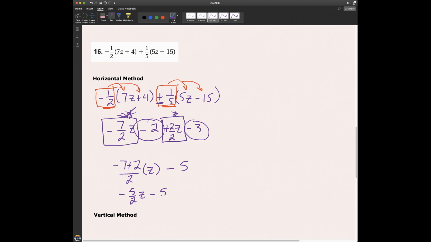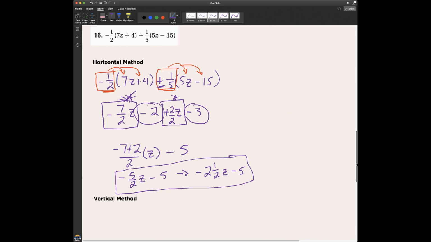All right, so that is how we can simplify this expression. Those of you that like mixed numbers, you can change the negative 5/2 into negative 2.5 if you want. You don't have to. Both answers are good. There's no parentheses. There are no more like terms. These are in simplest form.